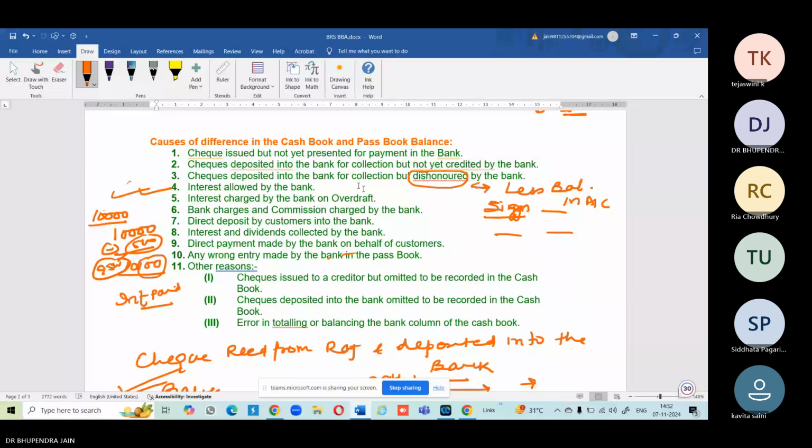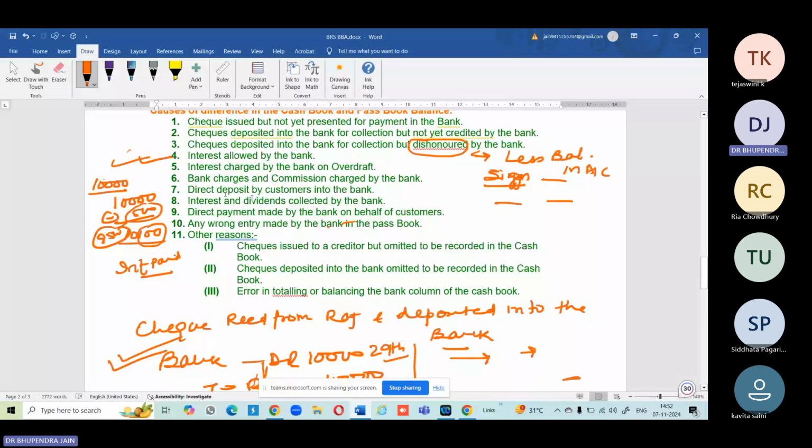Next, direct deposit by a customer into the bank. Nowadays there is the online system. So the customer directly deposits cash or a check in your bank account, or transfers the amount in any online mode to your bank account. So the bank has increased the balance.